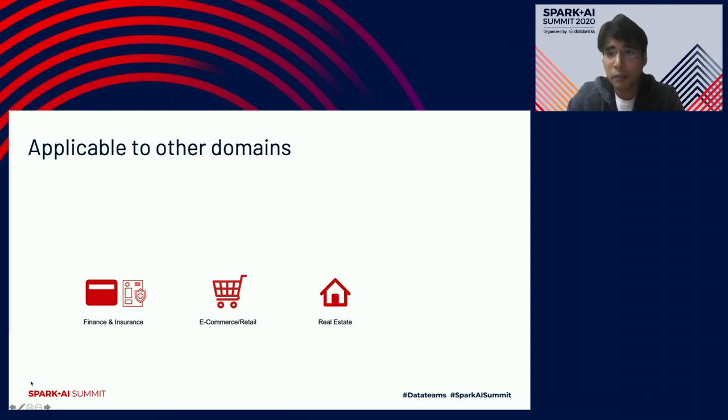And it's not just limited to an auto portal. Wherever there is a customer journey involved, we can use these kinds of representations. Like if you're looking for a good insurance policy, you might want to do a little bit of research and then try to make your decision.